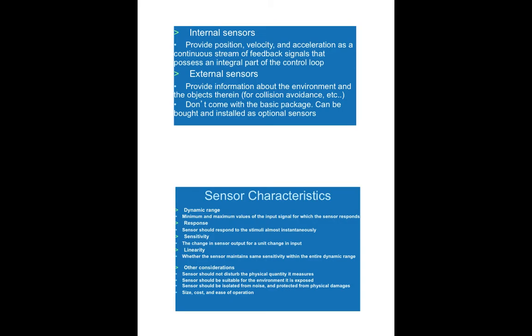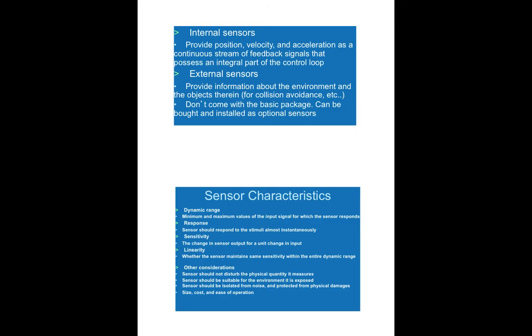If you select a sensor which has all these characteristics, we come to know the various characteristics of the sensor we are going to select for a particular application. The main thing when you are working in industry is to consider the cost of the sensor. This is very important if you are working in the robotic industry.